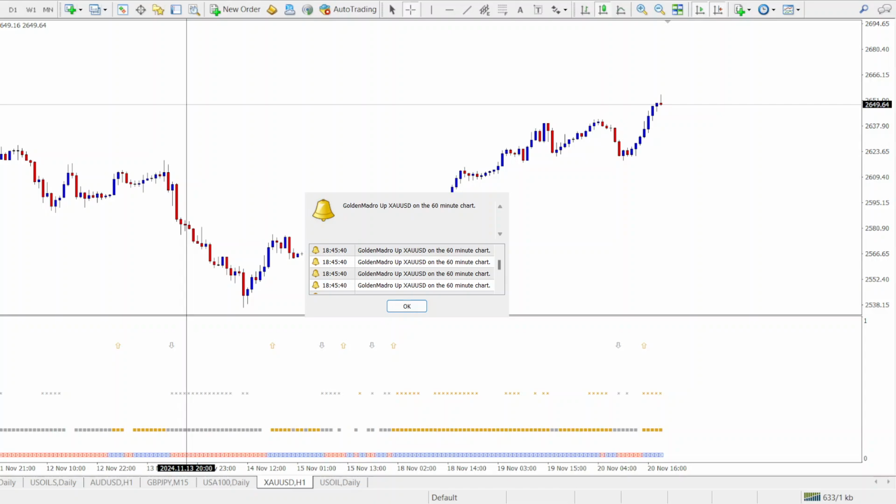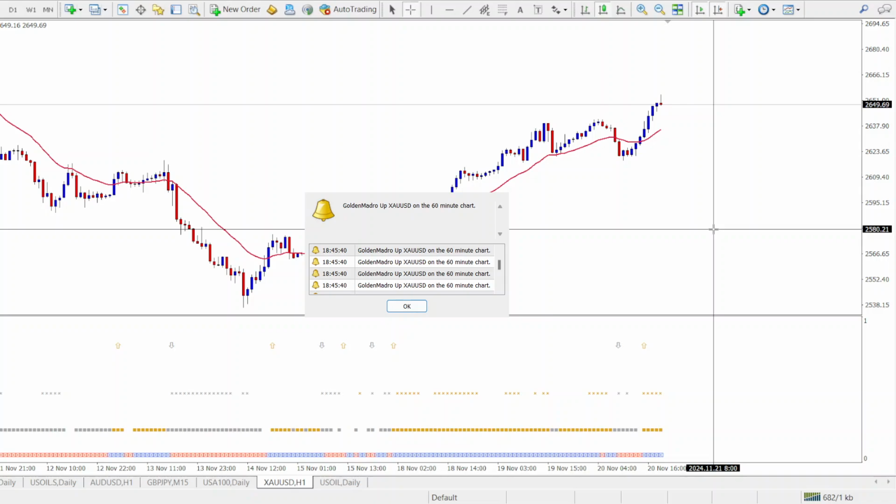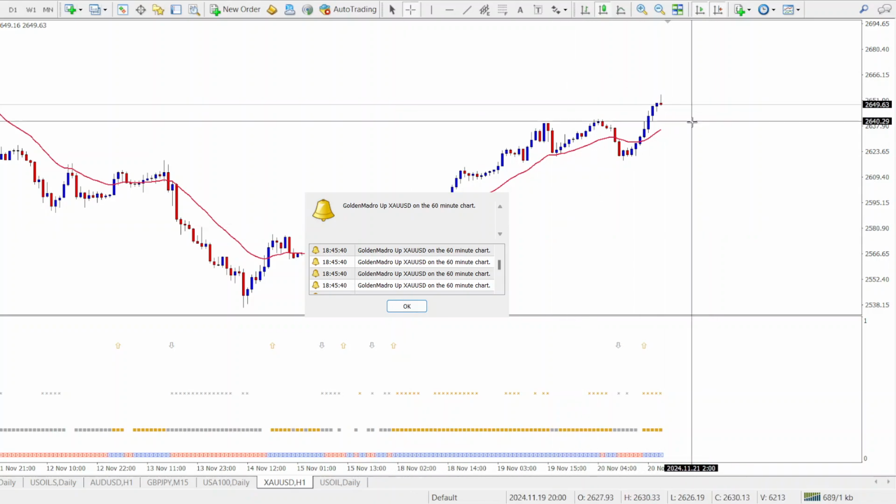That's going to determine the period of moving average you're going to use. If you are a swing trader, you can use 50, 100, or even 200, depending on how long you want to be holding your trades for. But if you are an intraday trader, you can go with 20. If you are a scalper, you can also go with 20, but you work on a smaller time frame.